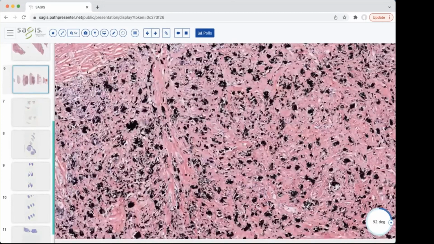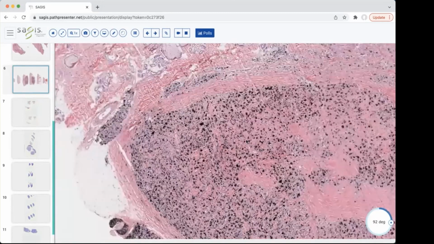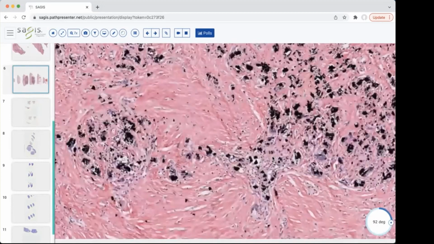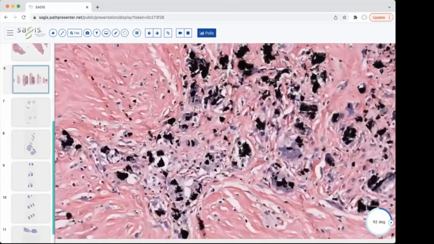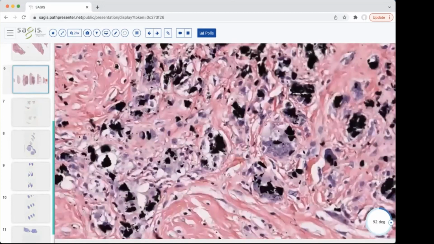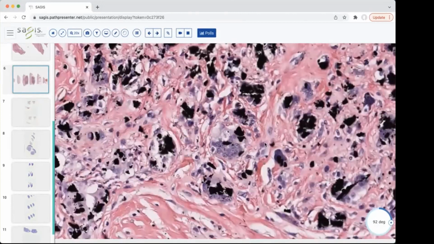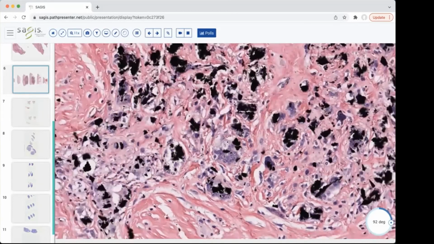Let me find a good example. I'll let the screen catch up again. Okay, I think this is a good example. You can see the numerous nuclei within the cell, so a multinucleate giant cell that also contains the foreign pigment.